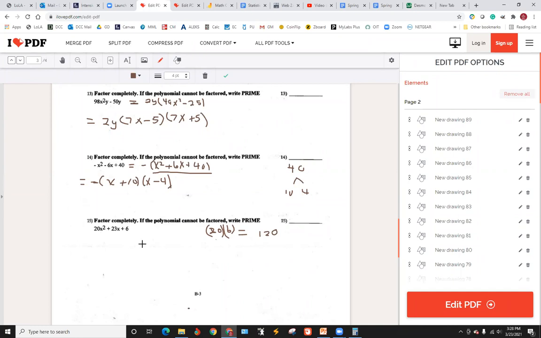All right, so factors of 120 that add up to be 23 because they're both positive. Well, actually, this is the only one we need to know to be a positive. This is positive, then they're both going to be the same sign, which is positive.